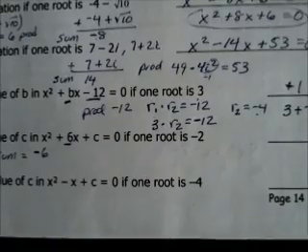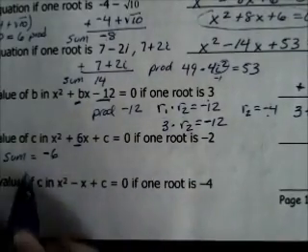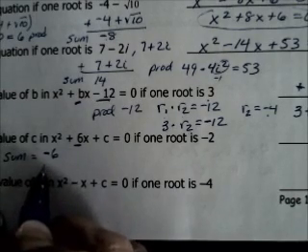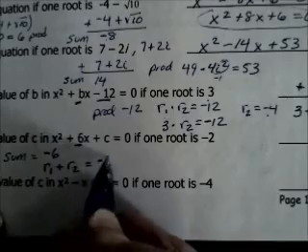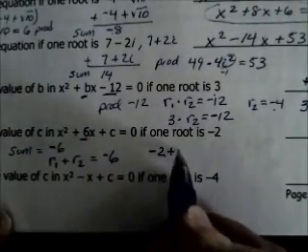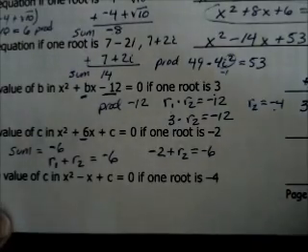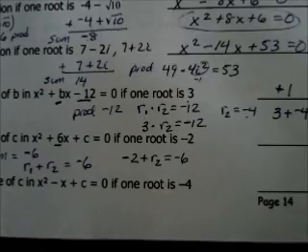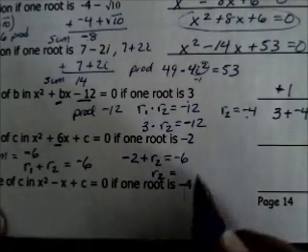Our sum is negative 6. So if one root is negative 2, then one root plus the other root has to result in negative 6. So negative 2 plus what would result in negative 6? Or simply add 2 to both sides, and our second root would have to be negative 4.